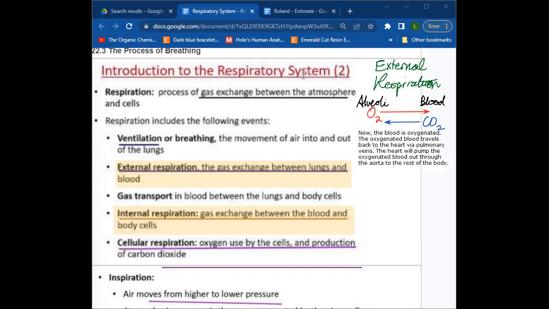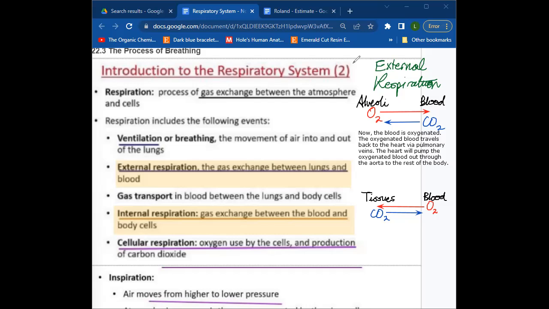And then once it gets to the body tissues, once again, there's going to need to be another exchange that occurs. So we'll have tissues and then blood. The blood is carrying oxygen, so that oxygen is going to be given to the tissues, and then carbon dioxide from the tissues needs to be given to the blood.